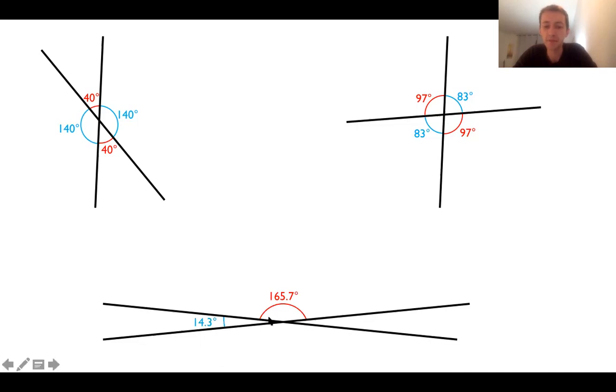That means that, let's go vertically opposite again. This one is opposite, so it's also 165.7. And this one, also 14.3. So this is what we mean by vertically opposite. It just means across from one another. And it's always true no matter what kind of intersection you have, as long as it's made by two straight lines.